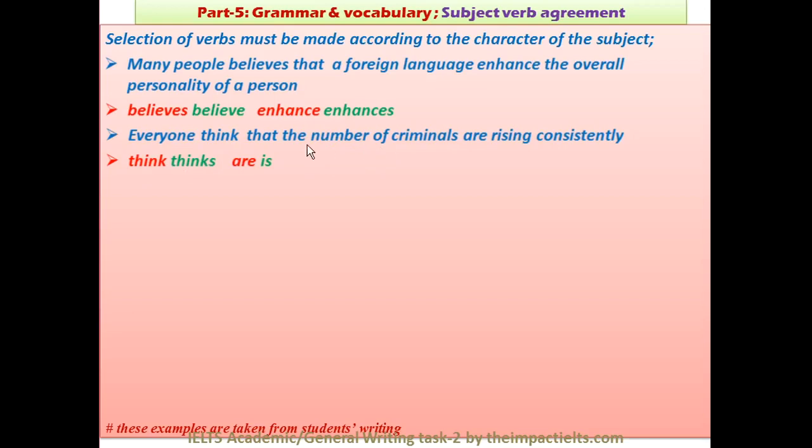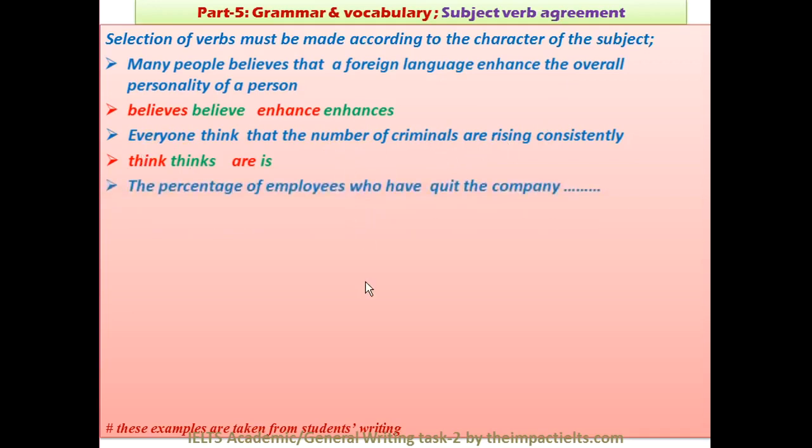The number of is the subject here, not the criminals. You can see the number of deaths are rising. So actually the number of what, something that cannot be criminal, that can be anything. The number of is followed by is, that you have to keep in mind, all of it, right? So each and every, and the number of is followed by, even by plural, we use singular here.